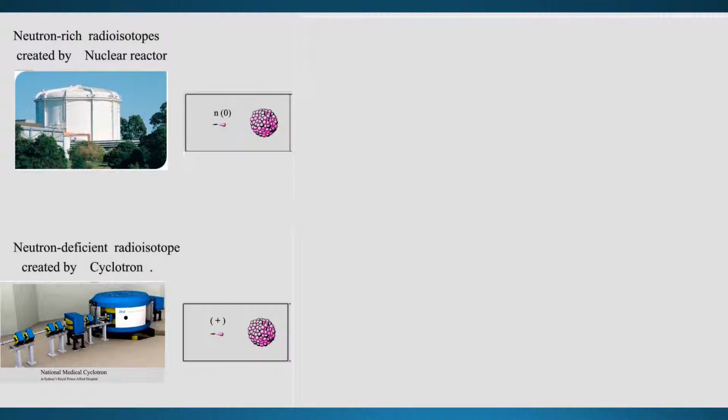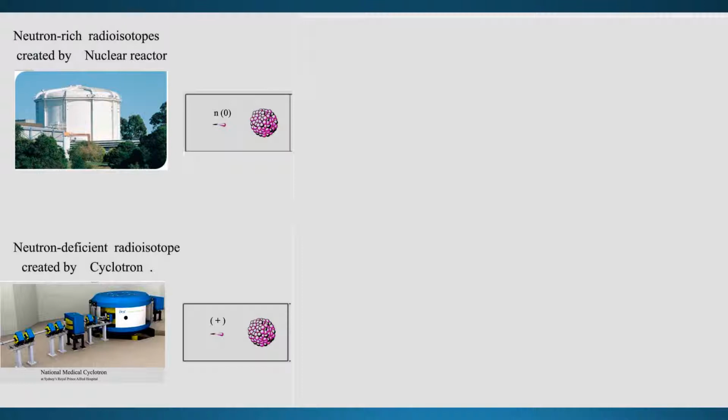Imagine on the top, your target, you keep on shooting with more neutrons, with more neutrons. What will the target become? The target will have too many neutrons, a neutron-rich radioactive isotope.